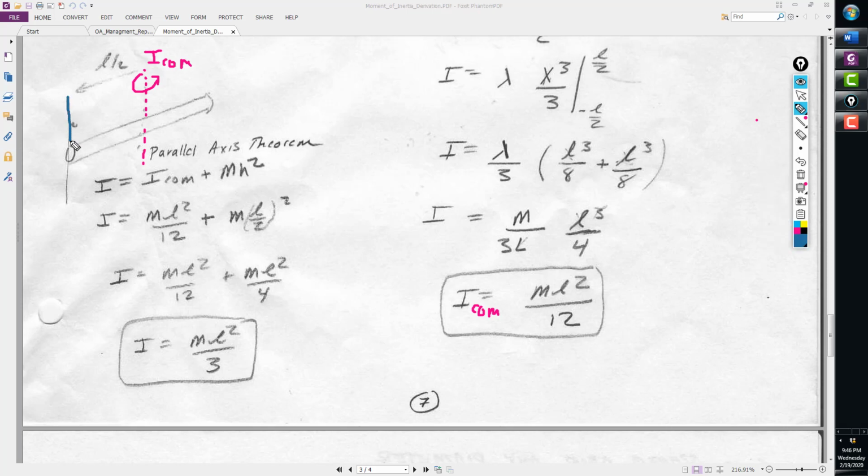In other words, it's rotating on that same parallel axis. I'm not rotating it this way, I'm still rotating it parallel.